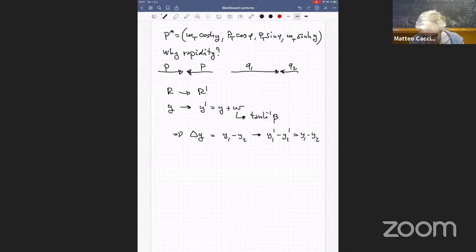So there is no change in rapidity differences because rapidity transforms this way. So this is a Lorentz invariant, and this is therefore something useful to characterize many characteristics of the collisions.